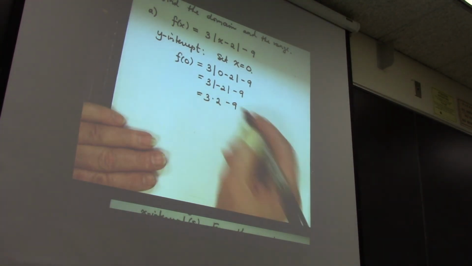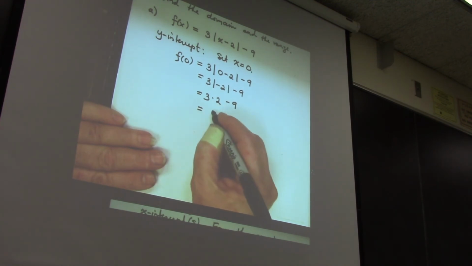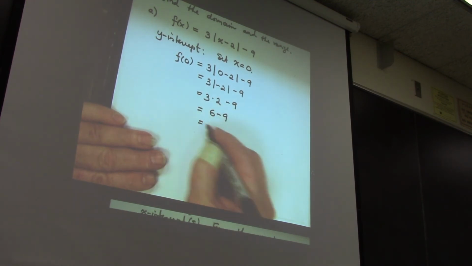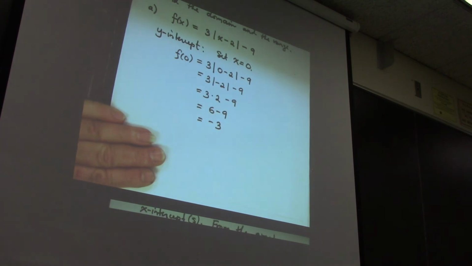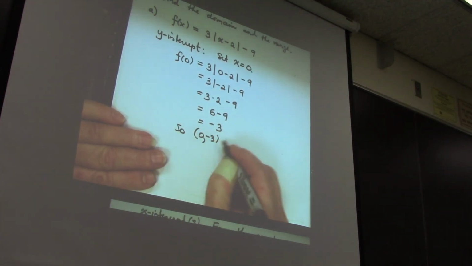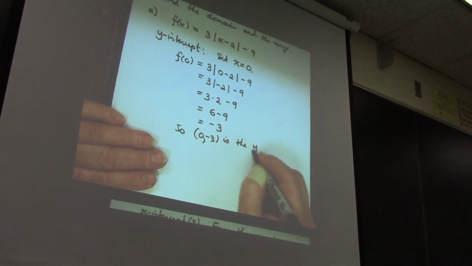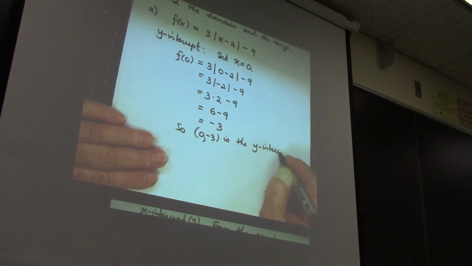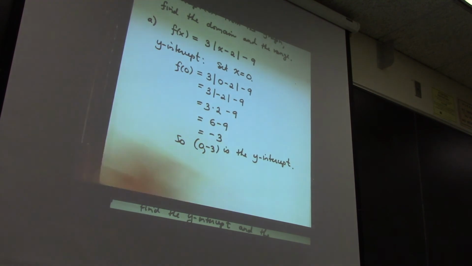So 3 times 2 minus 9, or 6 minus 9, or I guess negative 3. Okay. So (0, negative 3) is the y-intercept. And you know, this is a function, so when you plug in x equals 0, you get one and only one y value, so one and only one y-intercept.